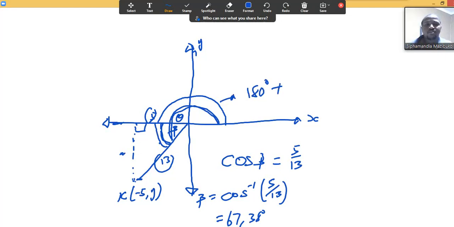So 180 plus beta is equal to theta, because we add from here all the way to here to get the total angle, right?